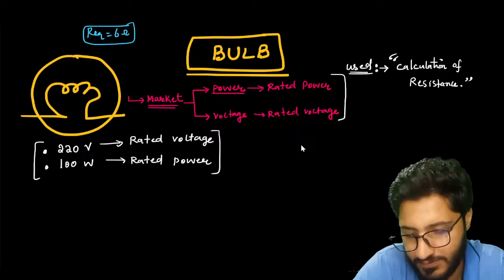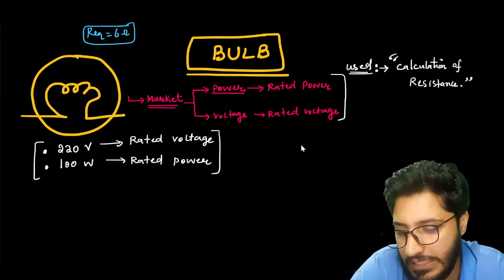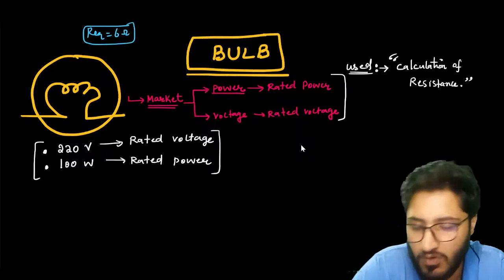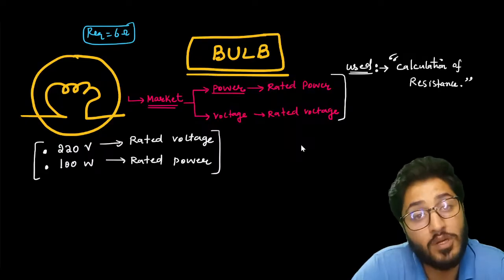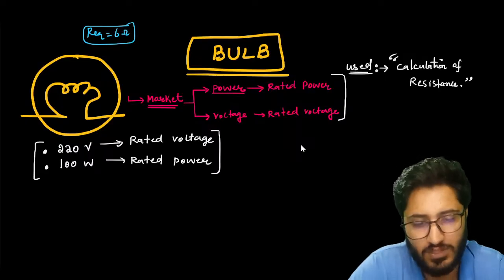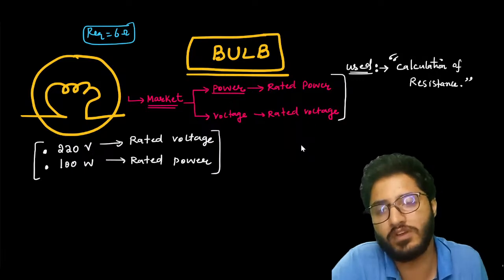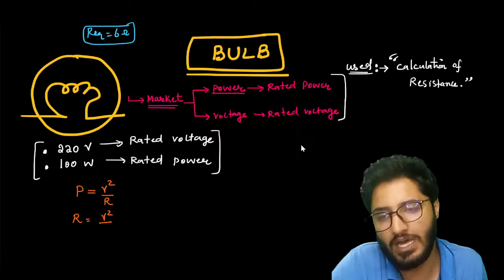For what purpose do we need rated power and rated voltage? We can use it to calculate the resistance. How, sir? Look now. If power is given and voltage is given, power is equal to V square by R. So R is equal to V square by P.